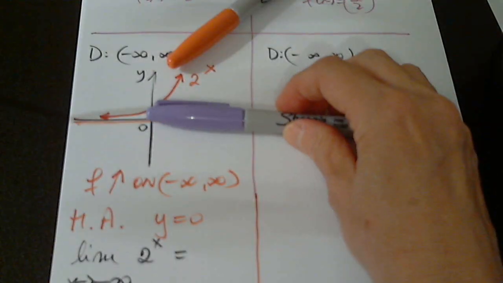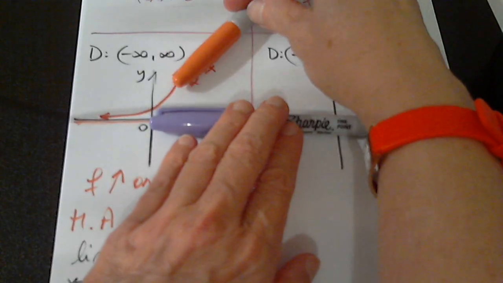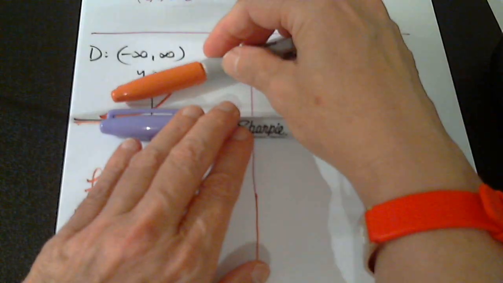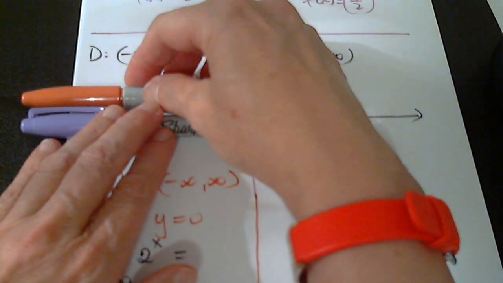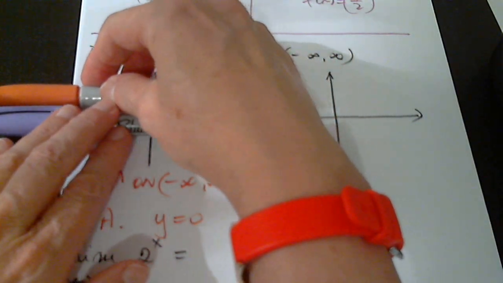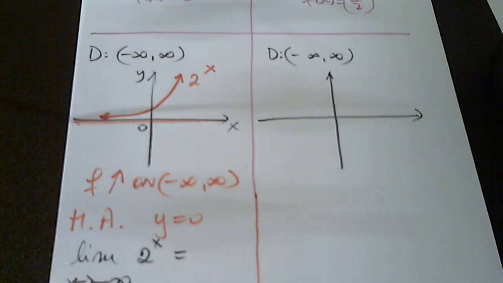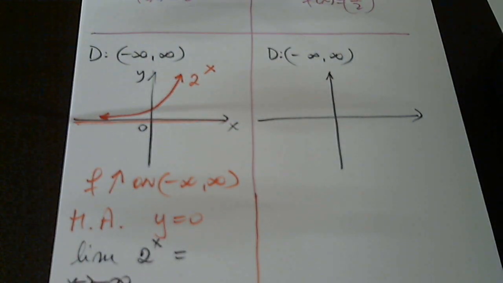Let's take a look. As x approaches negative infinity, the function values get closer and closer to what value? 0. Yes. Excellent.